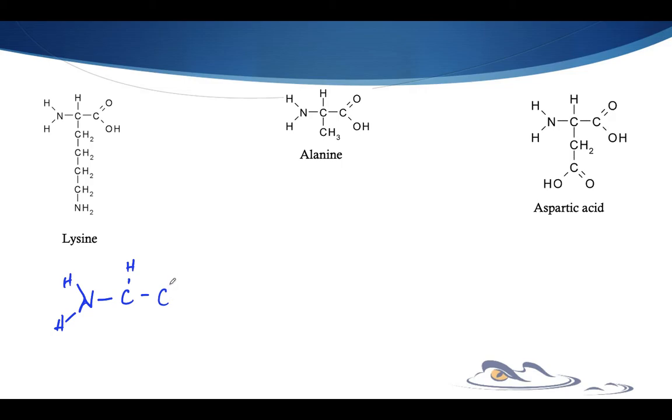This has an oxygen, and this is an oxygen, but I'm not going to draw the other hydrogen on here because in its Zwitterion form, that other hydrogen is missing. Instead, I'm going to put a little negative sign over here.